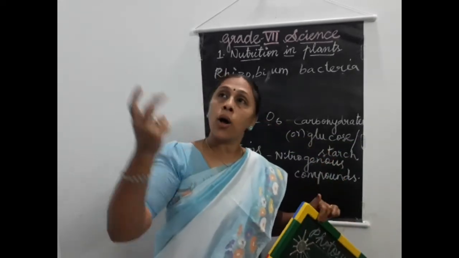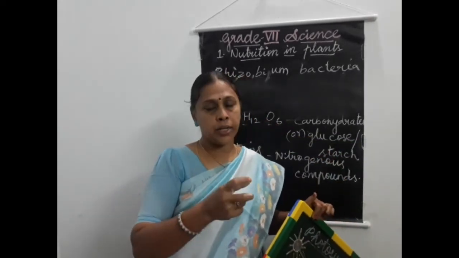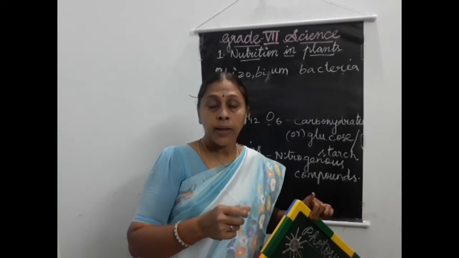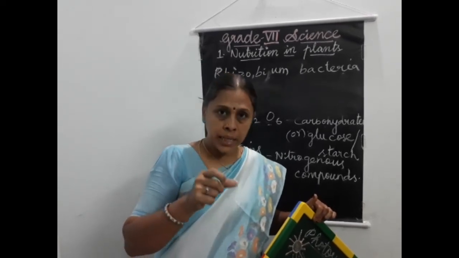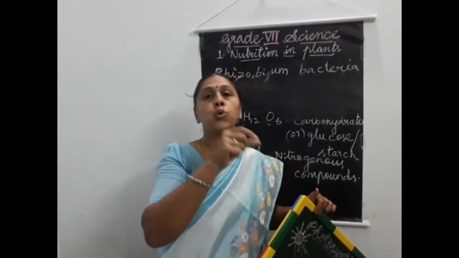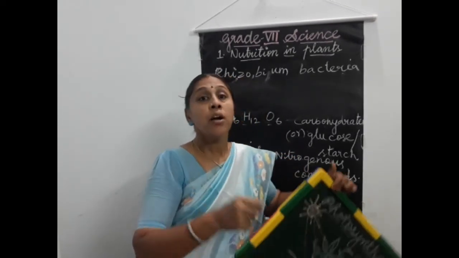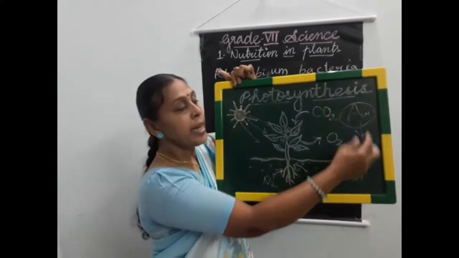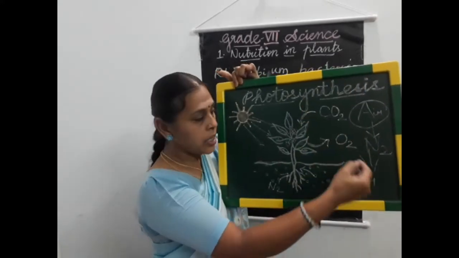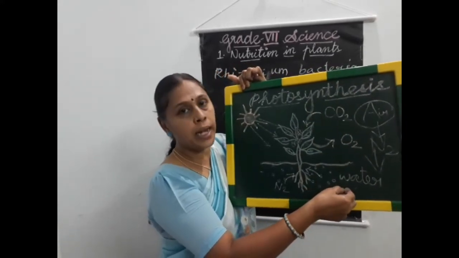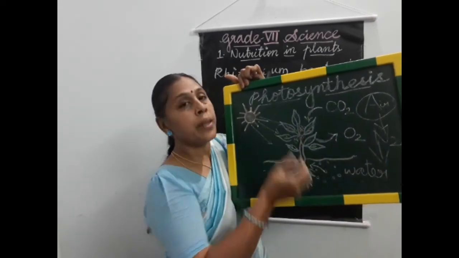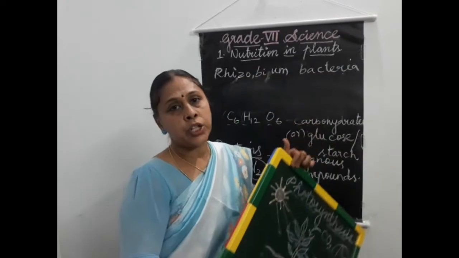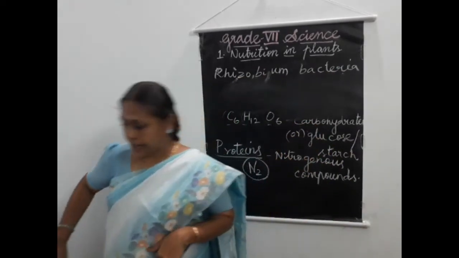The plants cannot directly absorb the nitrogen from the atmosphere. So how could it take the nitrogen? Some bacteria present in the soil help the plants. They absorb that nitrogen from the atmosphere and fix it in the soil. So from the soil, the plant will absorb the nitrogen to prepare the proteins.